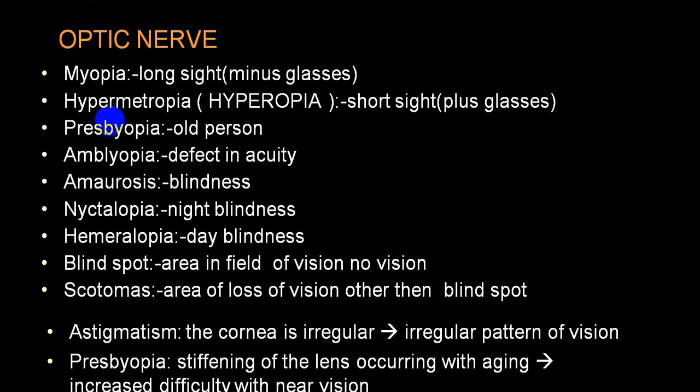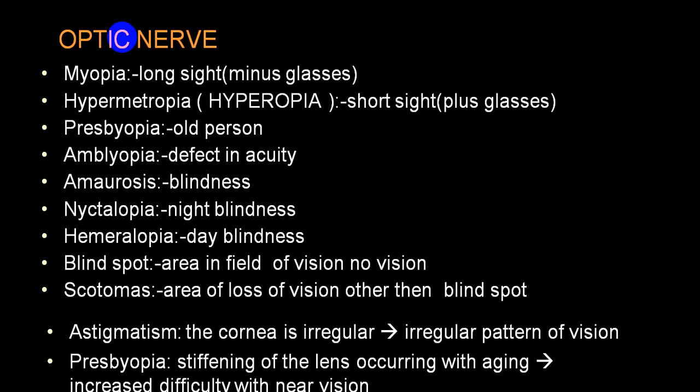There are a few terminologies which are commonly utilized in findings while you do acuity of vision. Myopia is for short sight, hypermetropia is for long sight, or you also call it hyperopia. Presbyopia is very commonly used in an old individual.